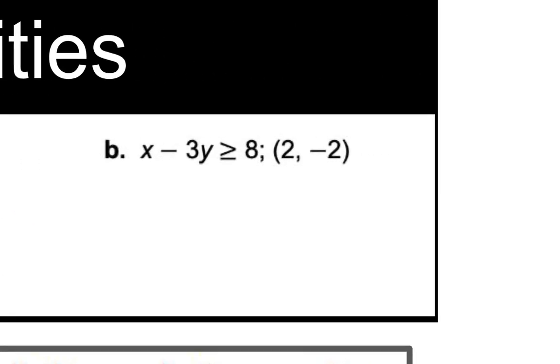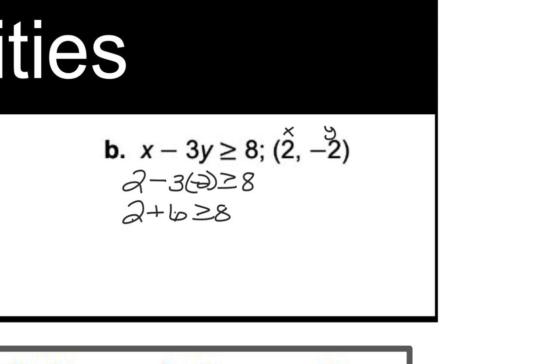Let's look at this one. All right, so this is our x and this is our y. Will this make this inequality true? So we're going to substitute x with 2 and y with negative 2. Is 2 minus 3 times negative 2 greater than or equal to 8? Well, that's plus 6.